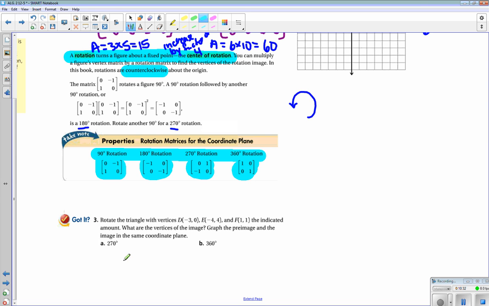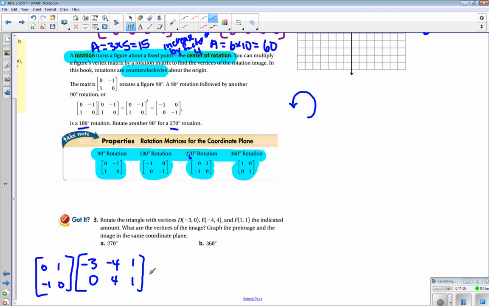Rotate the triangle with the vertices -3, 0, -4, 4, and 1, 1. So I multiply that by my 270 matrix, which is 0, 1, -1, 0. Do I put it on the right-hand side or the left-hand side?